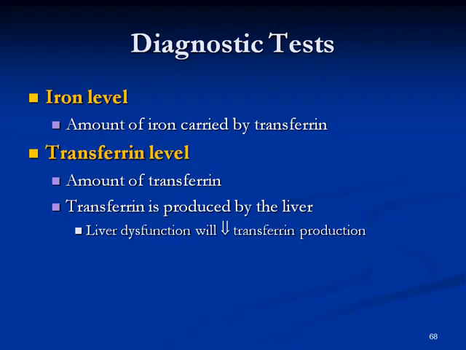So there are a number of diagnostic tests that can be done to look at iron. Iron level tells us the amount of iron that's being carried through the bloodstream by that transferrin. And we can actually measure the transferrin level that tells us how much carrying capacity there is in the bloodstream. Transferrin is a protein that's produced by the liver. So if you don't have good liver function, you're producing less transferrin because it's a protein that's produced by the liver.